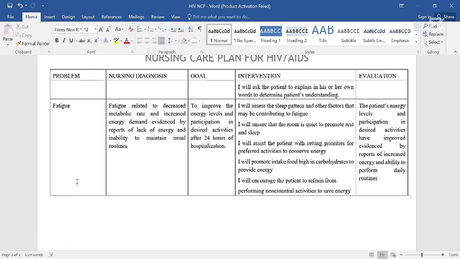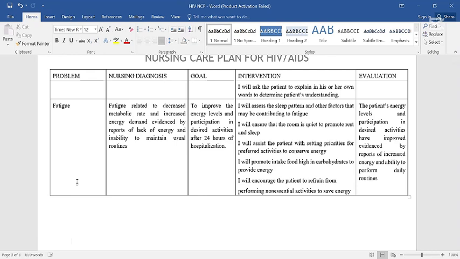So this one, again, we are telling the patient to stay away from activities that are non-essential so that they can save energy. This point, together with the point that I will assist the patient in setting priorities for preferred activities to conserve energy, are alike. So these two are alike, okay? So those are the interventions.